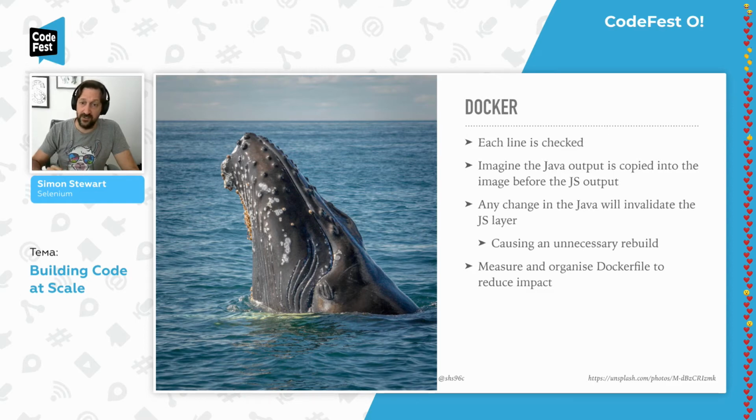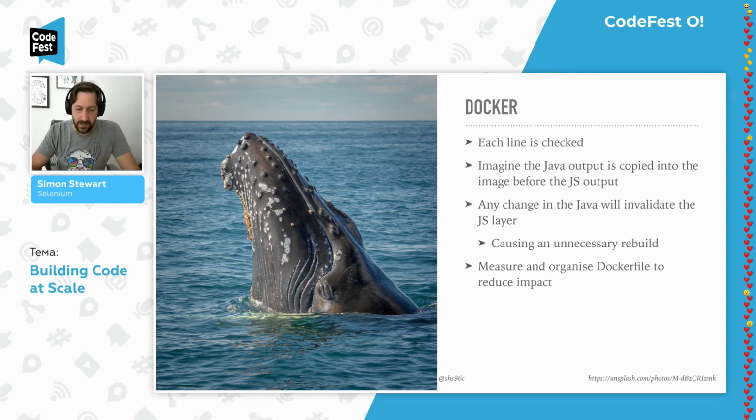So in Docker, each line is checked and a hash is done. Now, if the input to a copy has changed, then obviously the build gets invalidated and the Dockerfile needs to be recreated, right?